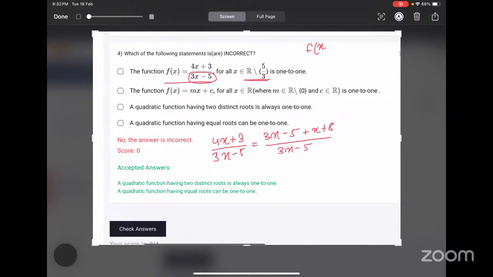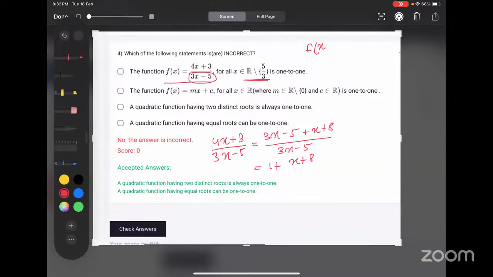Okay, so this is not a helpful one. So we can do something else.